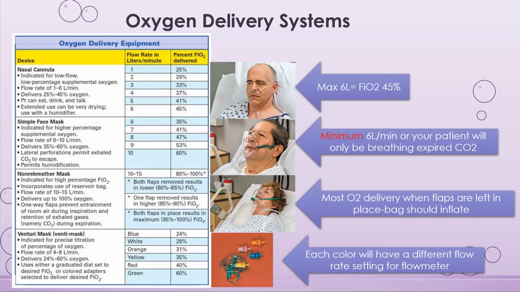I'm going to put the forest fire out first. I'm going to stick this kind of mask on if I have it, crank the O2 up, and hope that we reverse this respiratory failure for whatever reason, right? So if my patient's turning blue and they're not breathing, but they still have a respiratory effort, like you can see chest movement, we're going to go for a non-rebreather.